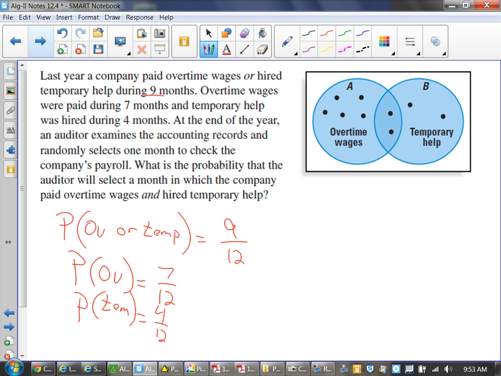Everybody see where this is leading? You're setting it up right off with just the given information. We know that the 9 out of 12 is going to equal the 7 out of 12 plus the 4 out of 12 minus 1/6. So you can do a couple of things.